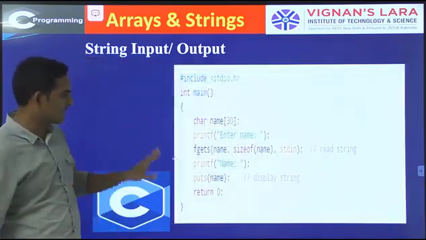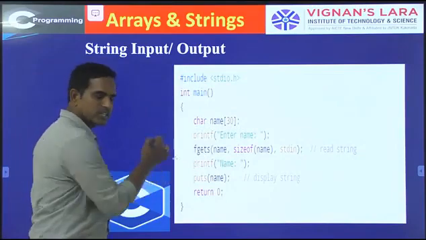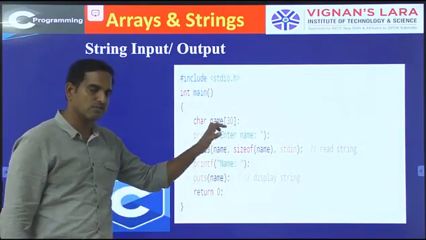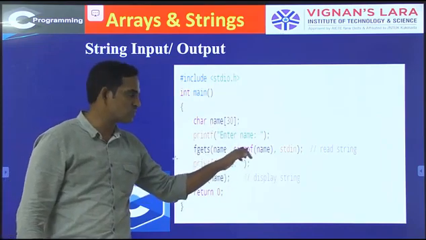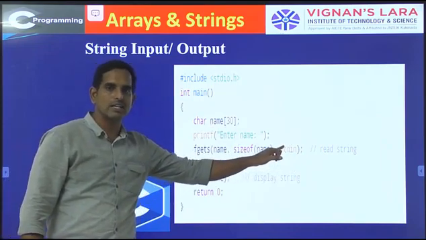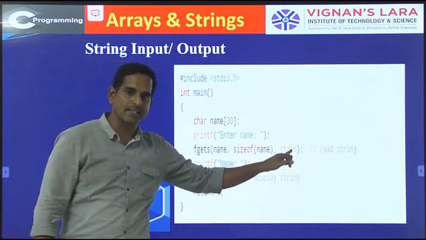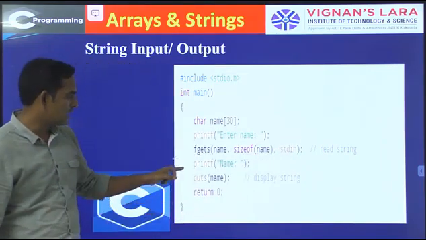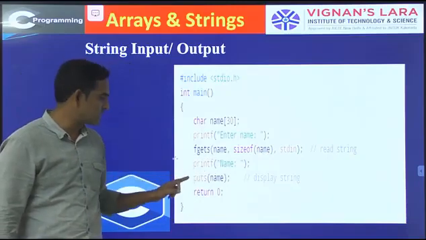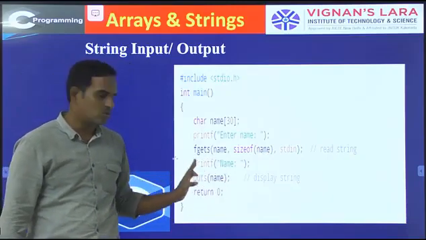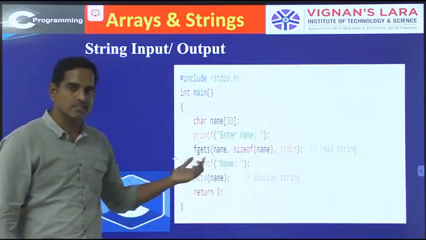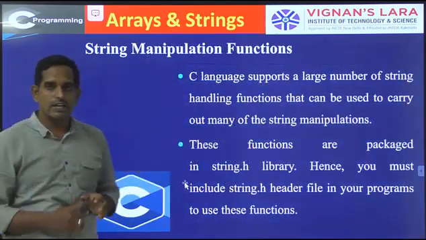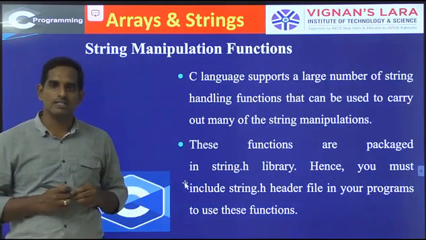The fgets function takes three parameters: the name of your string, the size of the string, and stdin, that is where I am taking the input from, which is the keyboard. You can use printf or puts to print strings on your output. That is about the string I/O I told you about in the last session.